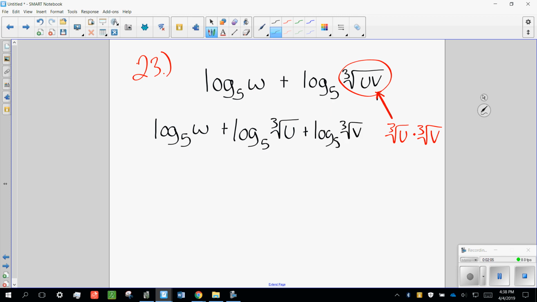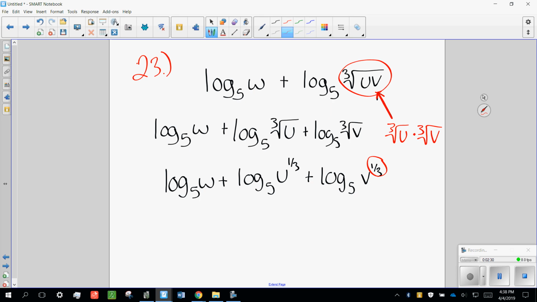of v. So now we have to know something else about roots, which is that a root is another way of writing an exponent, a fractional exponent. So really here we have u to the 1/3 power, and inside this log we have v to the 1/3 power.